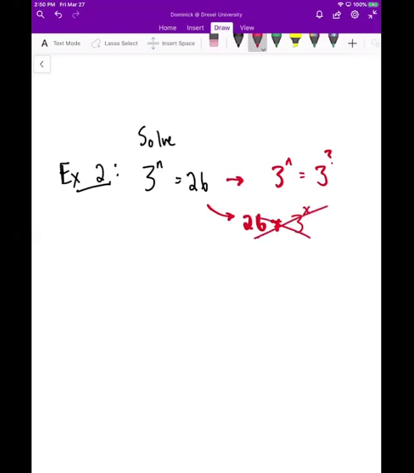So we need to use something else. So we cannot write both sides as a power of 3. So we need to use logarithms instead.